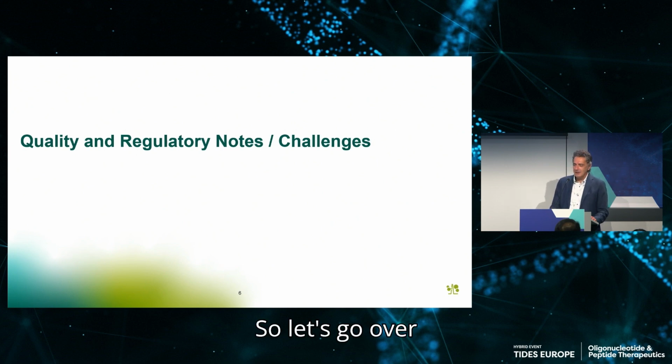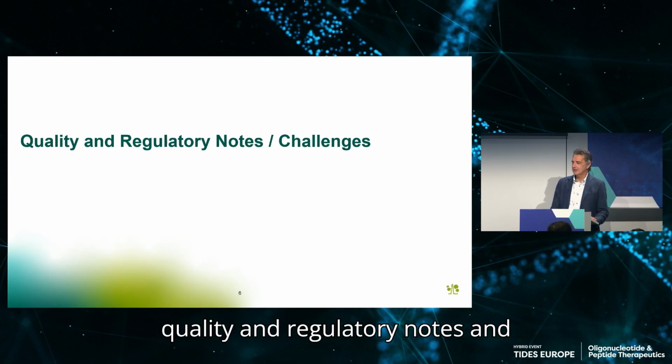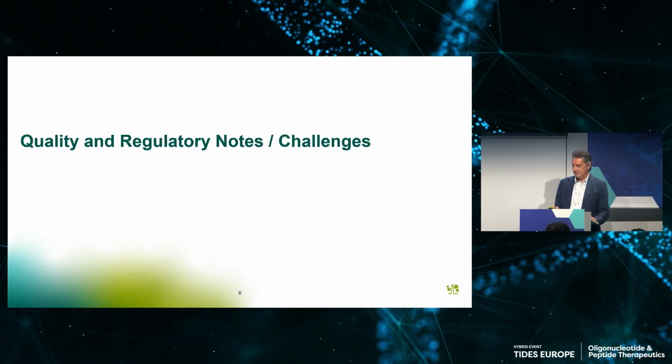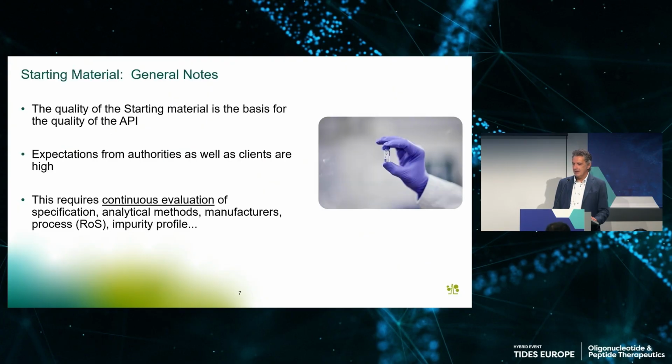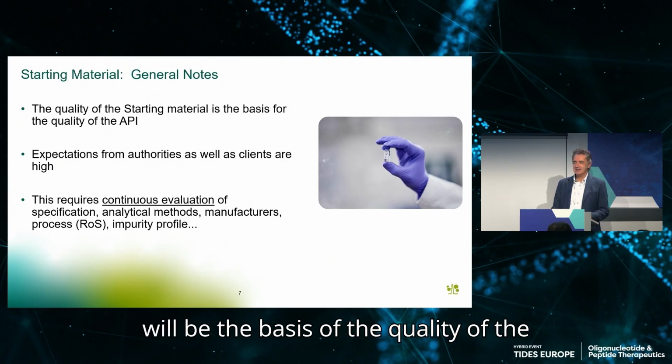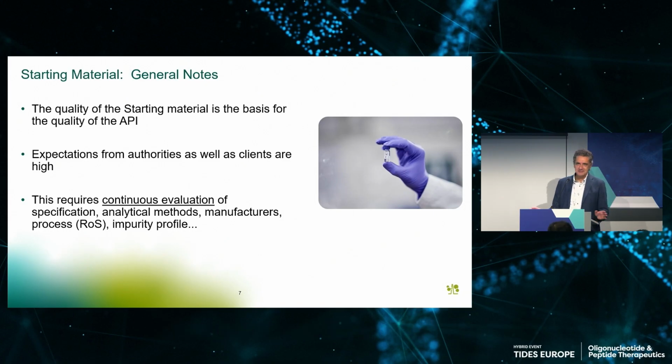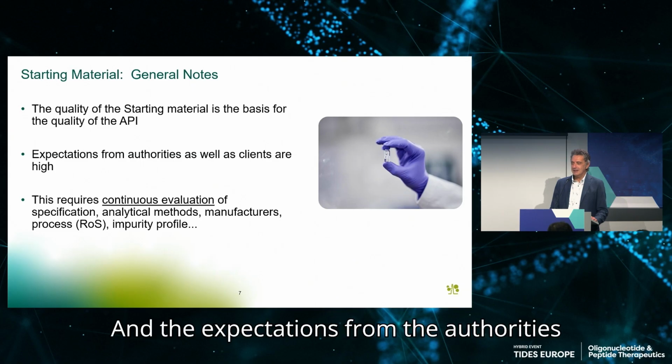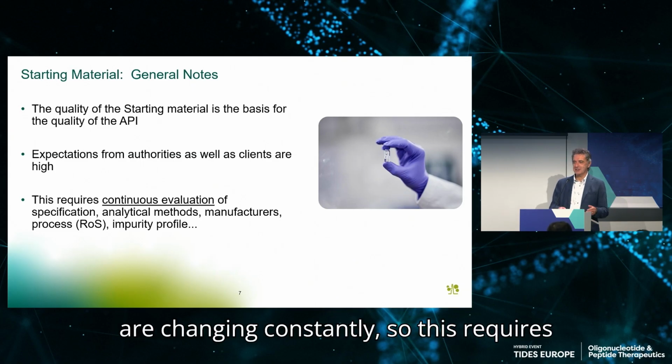So let's go over quality and regulatory notes and challenges. The quality of the starting material will be the basis of the quality of the API. And the expectations from the authorities are changing constantly.